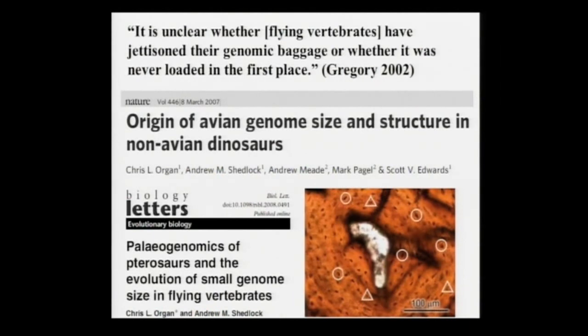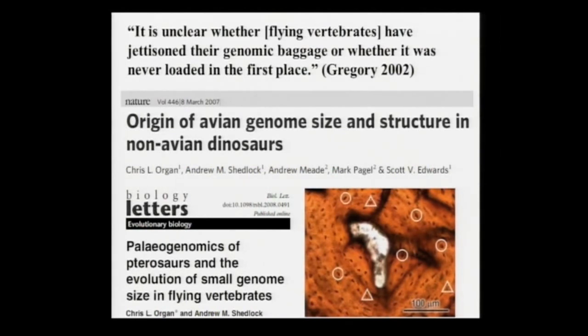Genomes don't fossilize, but the spaces in bone that the cells make, the osteocytes make, do fossilize. And you can correlate that against genome size in living species and then infer what genome sizes were in extinct species.